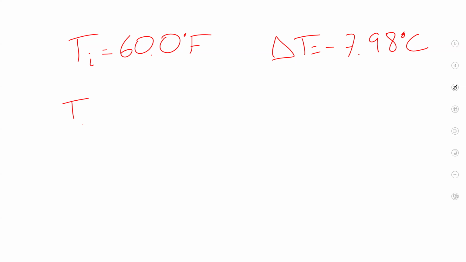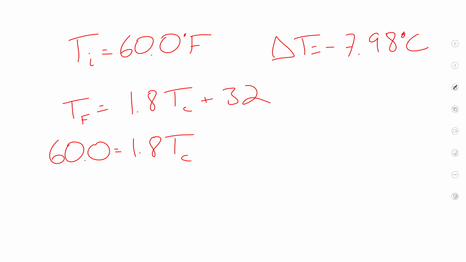We can say Fahrenheit is equal to 1.8 Celsius plus 32. So 60.0 equals 1.8 times the temperature in Celsius plus 32. The temperature in Celsius is 28.0 over 1.8. Do the subtraction first, then divide by 1.8.